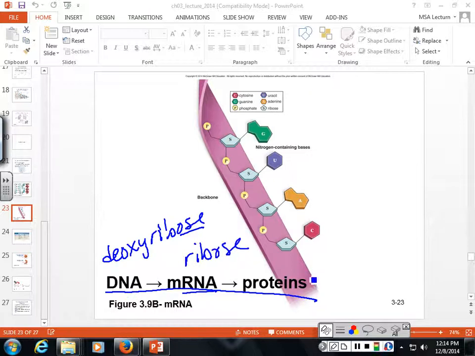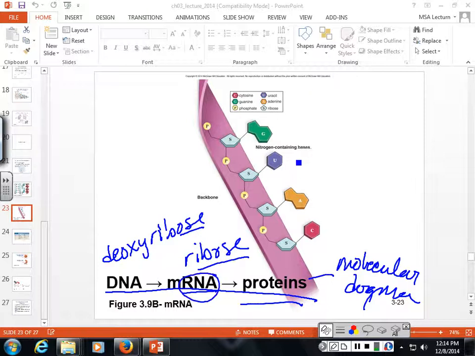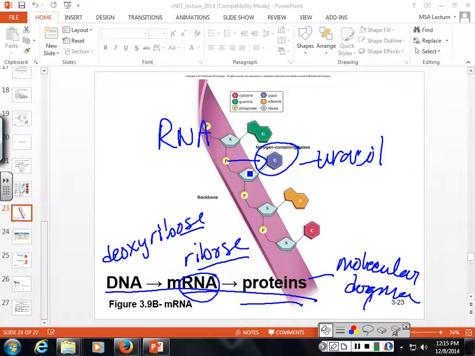So this is sometimes called the molecular central dogma, how we make proteins: DNA, RNA, and then proteins. What's different about RNA is that it has a base that DNA doesn't have. So this is uracil, and I know this is RNA because it has that uracil.